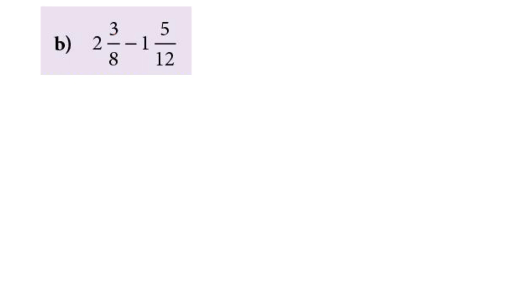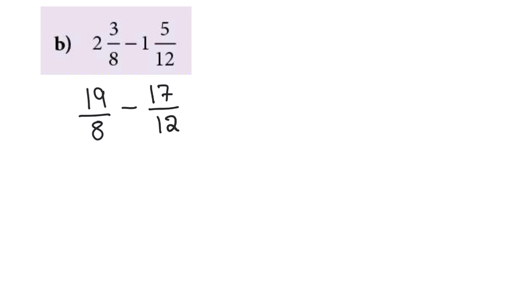We do it this way. 8 times 2 is 16 plus 3 is 19. So the fraction becomes 19 over 8. Can you try the second one? 12 times 1 is 12 plus 5 is 17. So the second fraction has become 17 over 12.